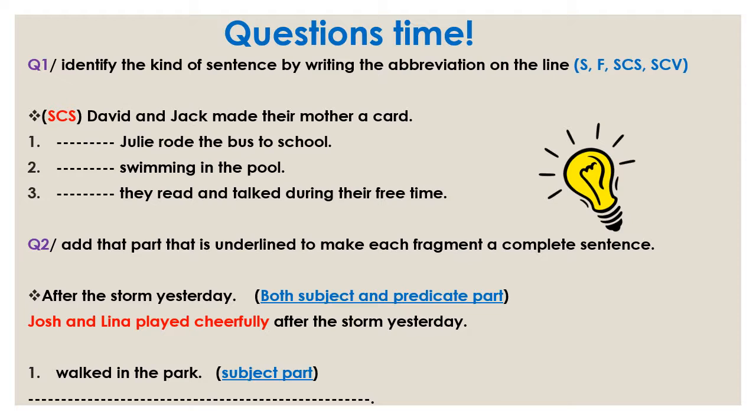Look at the blue writing: S, F, SCS, and SCV. S is simple sentence. F is fragment sentence. SCS is simple sentence with a compound subject. SCV is a simple sentence with a compound verb.